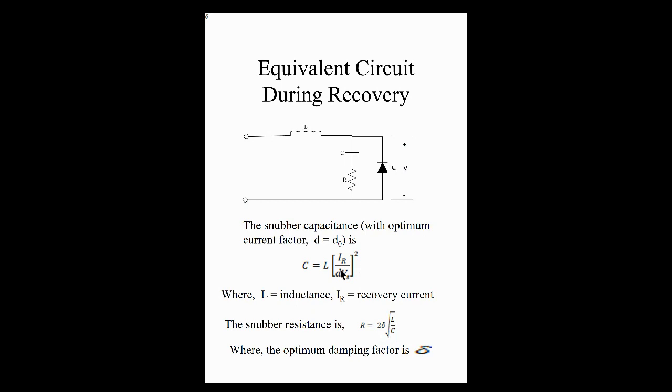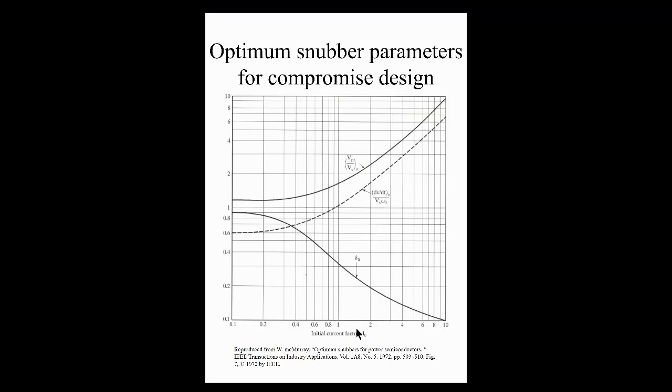So these are the formulas that I expect you to be able to use to determine the elements in this snubber that we will be studying. All right, so this is the graph that you'll actually be using to obtain the components of your snubber.